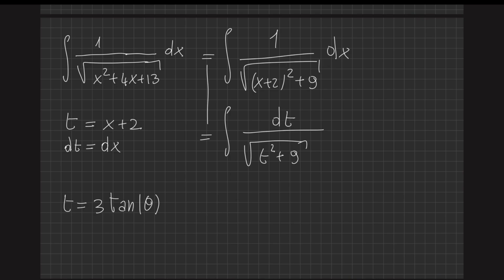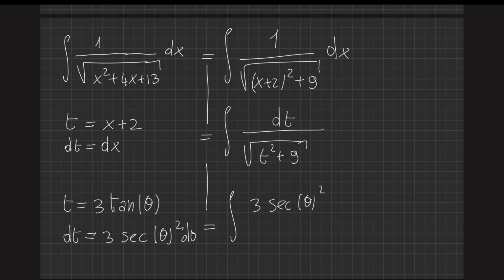If I do this substitution, then dt has to be equal to 3 times the secant of theta squared d theta, which means that my integral becomes the integral of 3 times the secant squared of theta d theta. And from before, we know that the square root just becomes 3 times the secant of theta. So we simplify the secant and the 3.